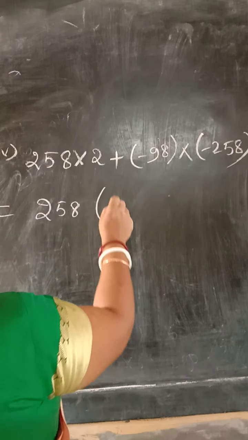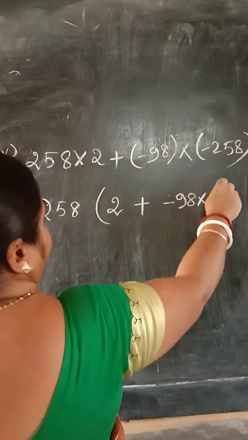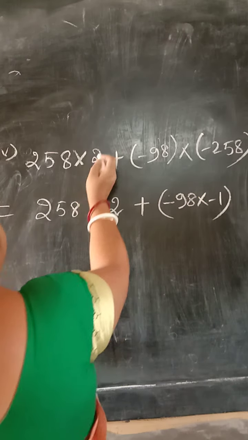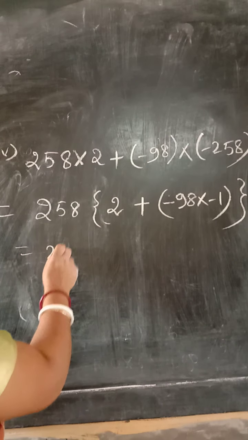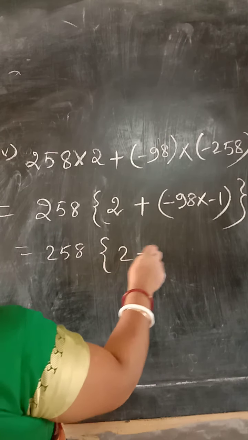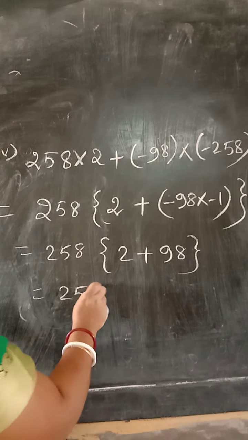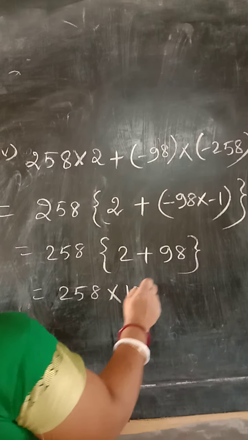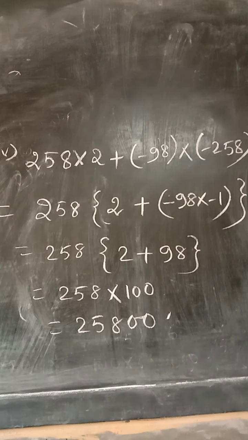Here we are left with 2 plus minus 98 into minus 1, or 258 into 2 plus 98, or 258 into 100, the product is 25800. So in this way we have to finish question number 8. So you have to finish up to question number 8.